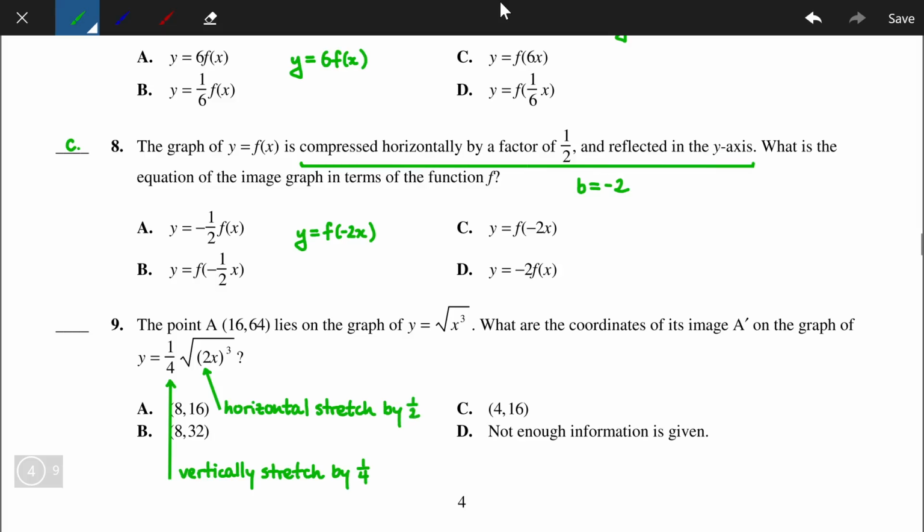So what this does is that the x value of 16 will be halved and becomes 8. And for the vertical stretch by a quarter, the y value of 64 will be divided by 4 and will give us 16. So ultimately, A prime will have the coordinates (8, 16). So the correct choice is A.